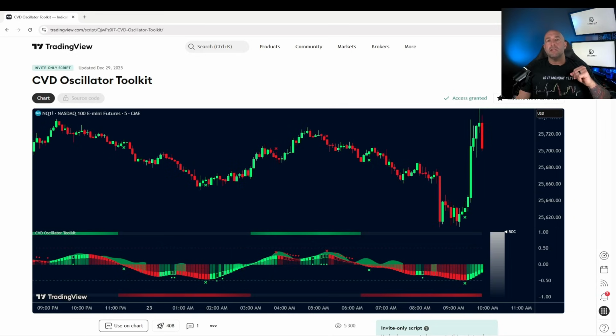Together, these components expose situations where price continues in one direction while volume pressure weakens, stalls, or reverses beneath the surface. The CVD toolkit emphasizes interpretation over signal quantity, structuring volume behavior into momentum, divergence, and flow-based components that complement price analysis without attempting to replace it.